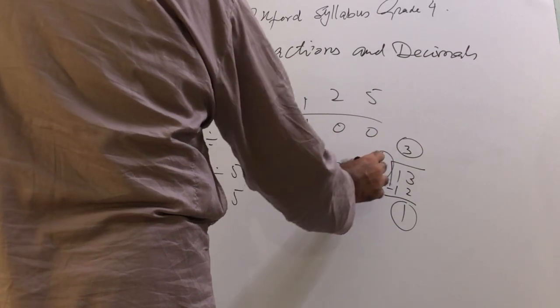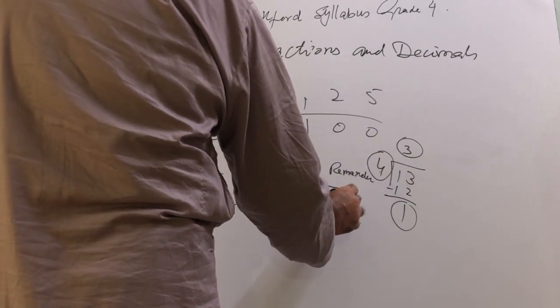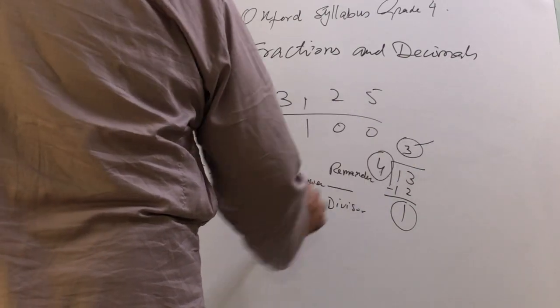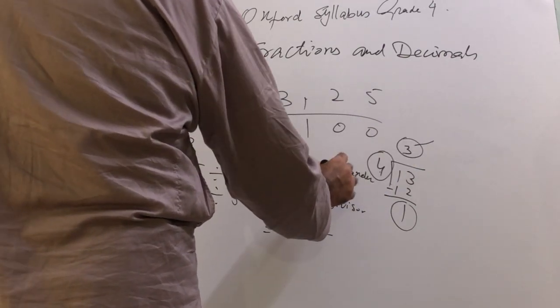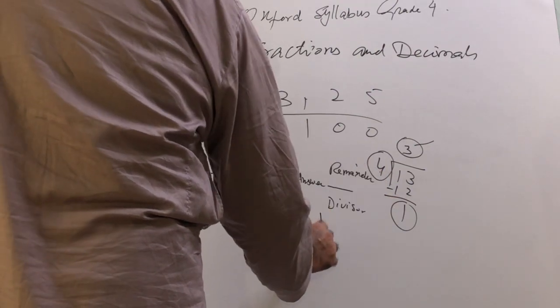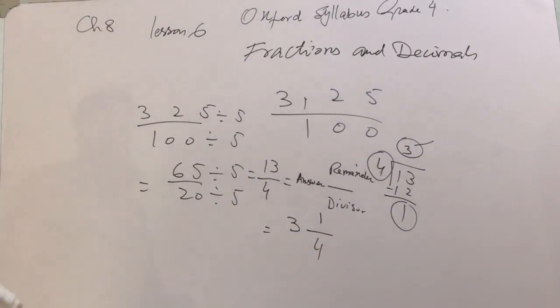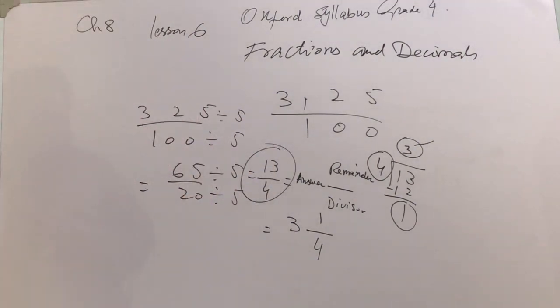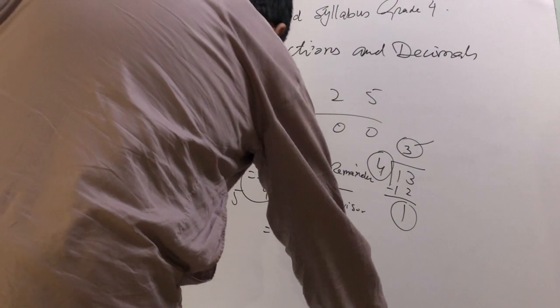This is the divisor, we are dividing with 4. The divisor. So the answer is 3, put the fraction form. Remainder is 1, put it here. Divisor is 4. So 3 whole number 1 over 4. This is the mixed form for this one.